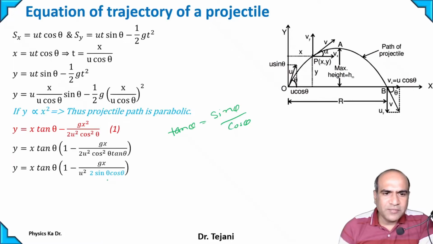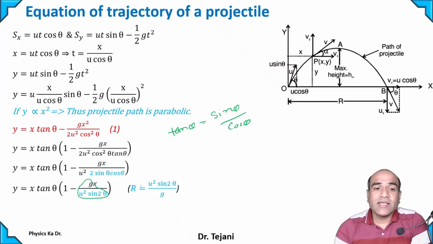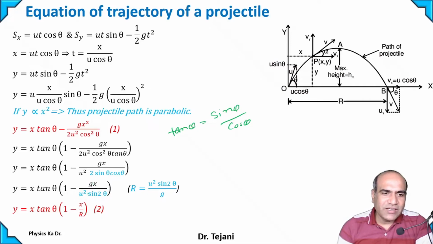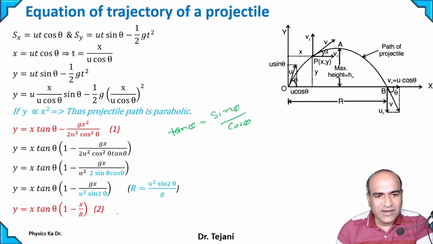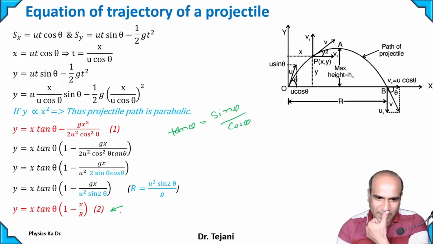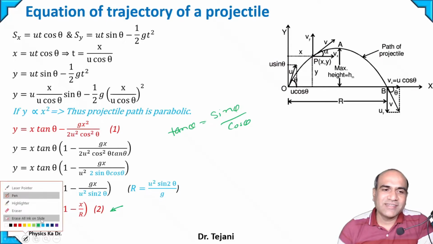So ultimately this big component u square sin 2 theta divided by g is the range. So the equation can be rewritten as y is equal to x tan theta times 1 minus x by R. So this is another equation you have to remember. You have to remember both of these equations.